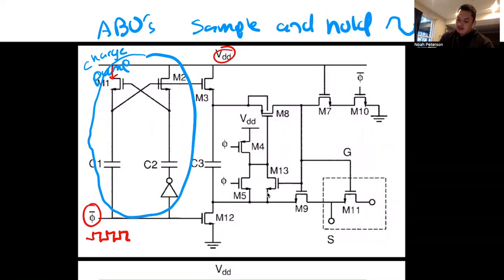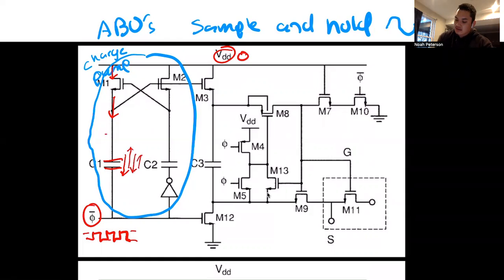It's going to pull to a high voltage, then to a low voltage, and a high voltage, low voltage, and so on and so forth. While it's doing that, it's going to be pulling some voltage from this power source, VDD, into this capacitor. It's going to pull a voltage down and then back up, down, back up.